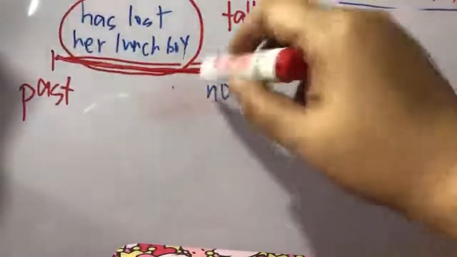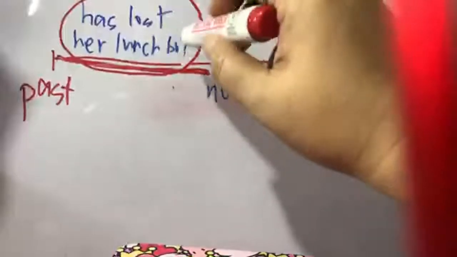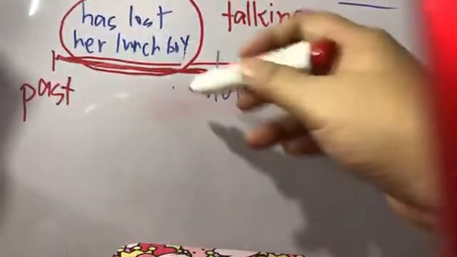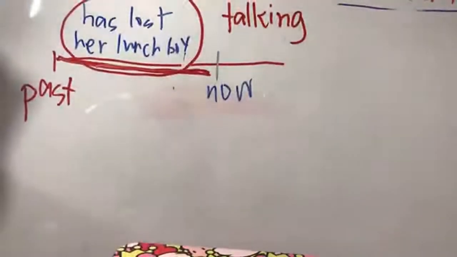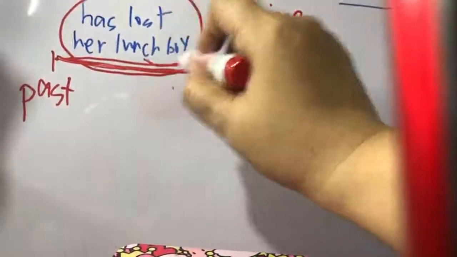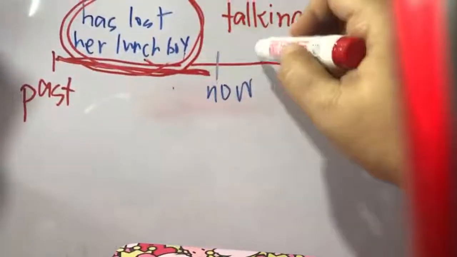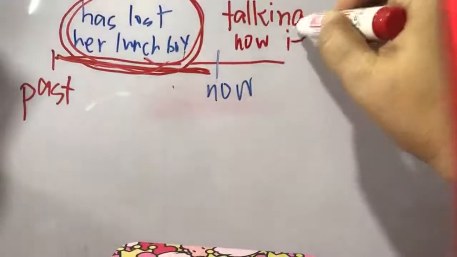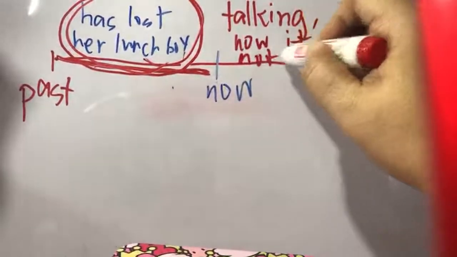Recently, saikin. Maybe she just got home and you ask her, hey, where's your lunch box? I lost it. So she has lost it. What does it mean? Now, it's not with her.